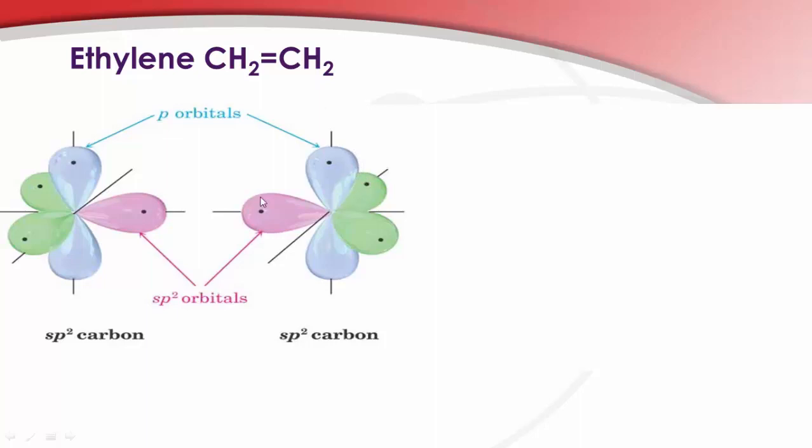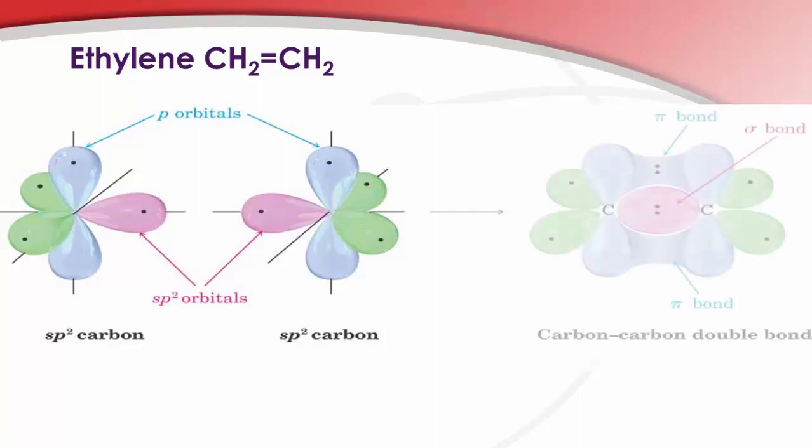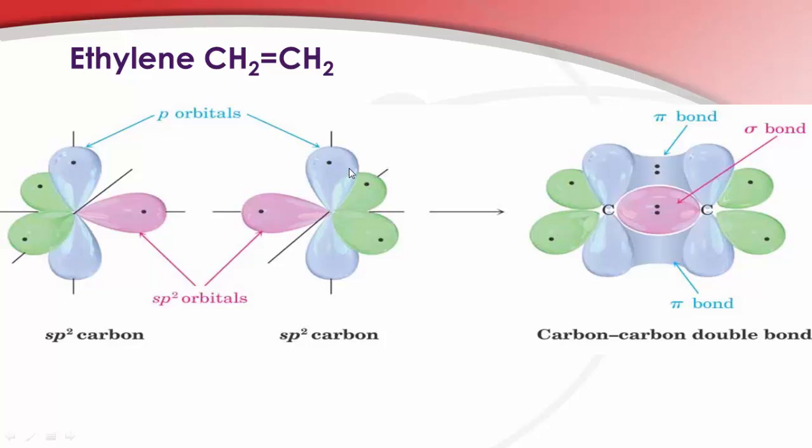So when we move these together in this sort of conceptual exercise, if we move our two carbons together this time, we still have our overlap of one of our sets of sp2 orbitals to form our sigma bond, but the additional unpaired electrons overlap above the plane of the molecule and below the plane of the molecule, incidentally, to form what we call a pi bond.